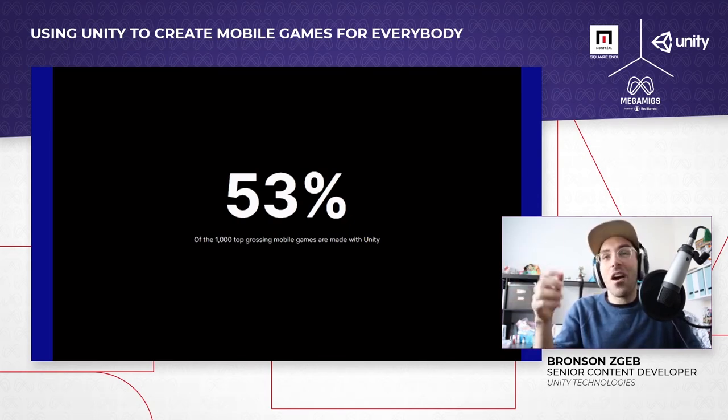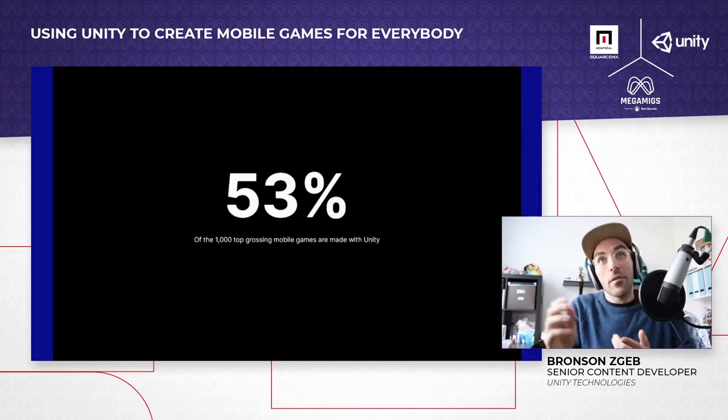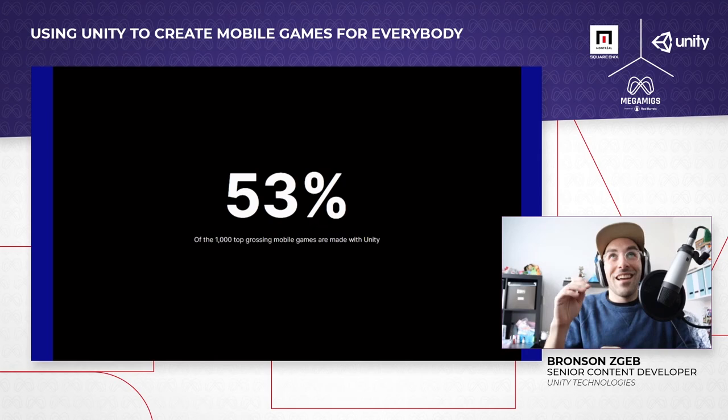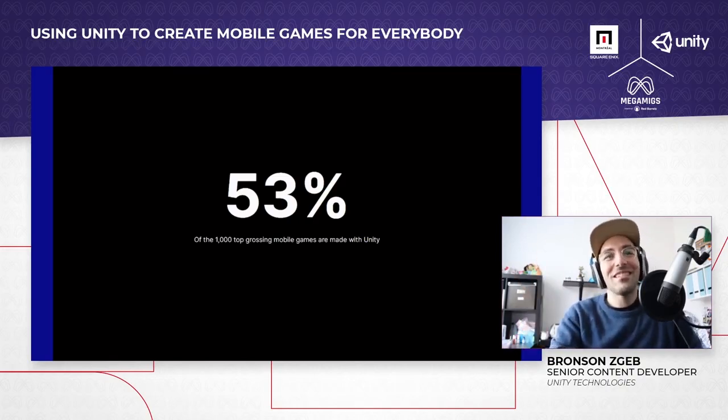What I'm getting at is, if you're looking to make mobile games, you're in good hands with Unity, because there's a lot of other developers using it specifically for mobile. Unity's focused on mobile because so many of its customers are mobile. And now I'm going to talk about some of the solutions that they have to help you out.